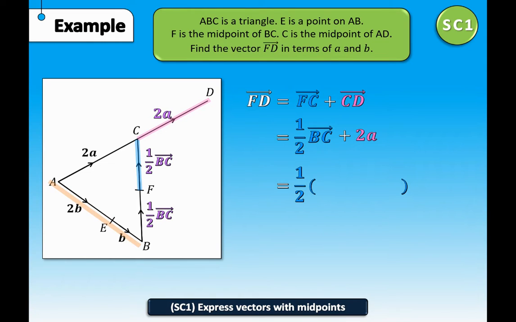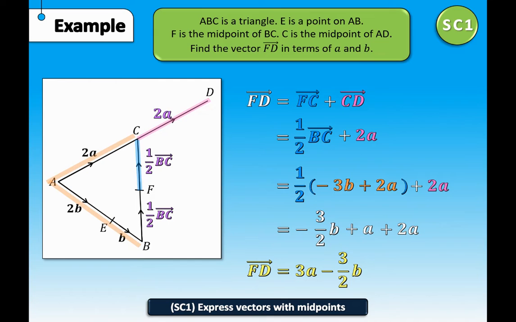So B to C is B to A, and then from A to C. So we've got minus 3b plus 2a. Again, expand the bracket, so times minus 3b plus 2a by 1/2, and then simplify. So we've got a minus 3 over 2 b.